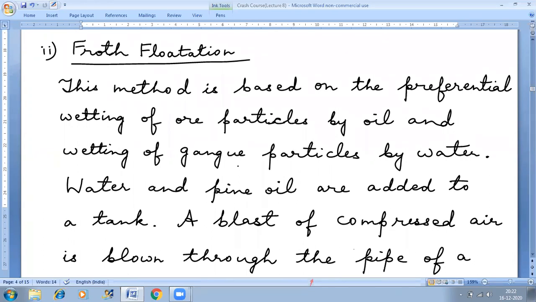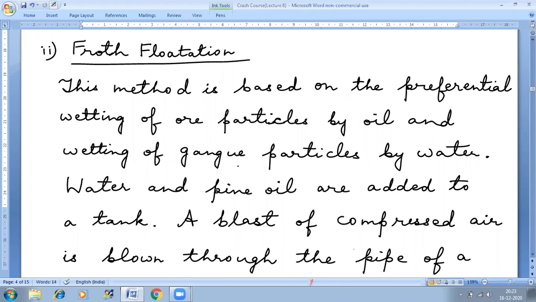The ore particles, I repeat, the ore particles get wet by oil, and the gangue particles become wet because of water. That means the tendency of the ore particles is to get attached to the oil, and the tendency of the gangue particles is to stay with water. So it is called preferential wetting.